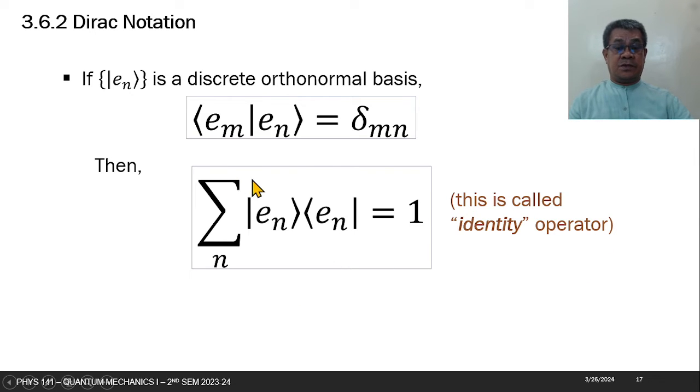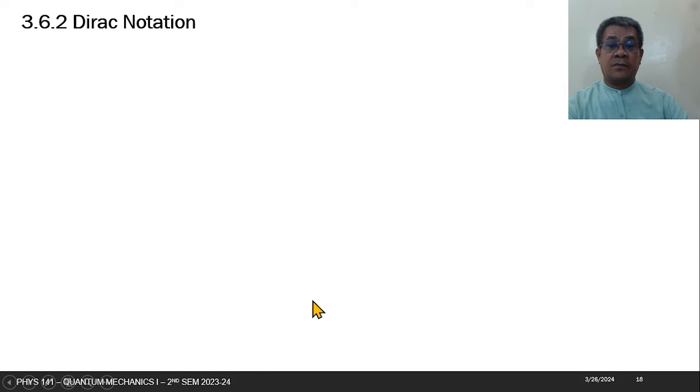If you take the summation of the projector operators of the En basis, we call this the identity. The answer is always equal to 1. This is very useful because we can multiply 1 to any vector and it provides the same result. So identity operators are very important.